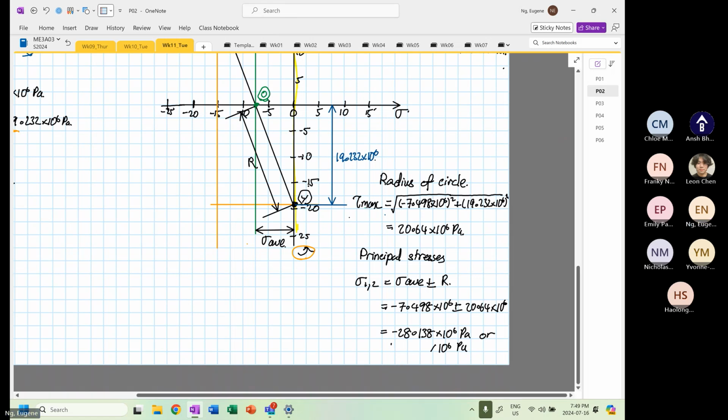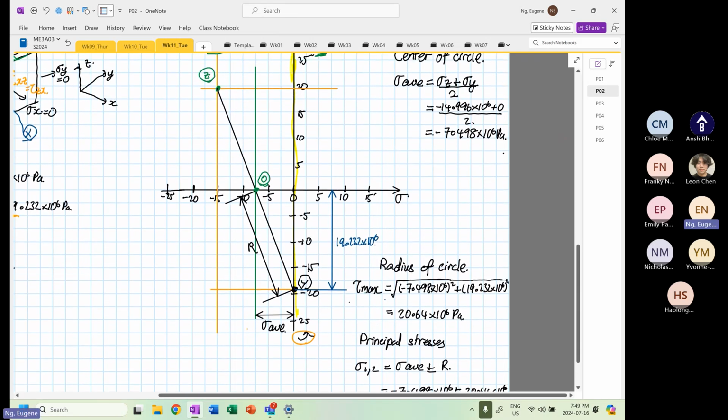Positive 13.142 times 10 to the power 6. So minus 7.498 plus 20.64 is 13.142, and minus 7.498 minus 20.64 is equal to minus 28.138.